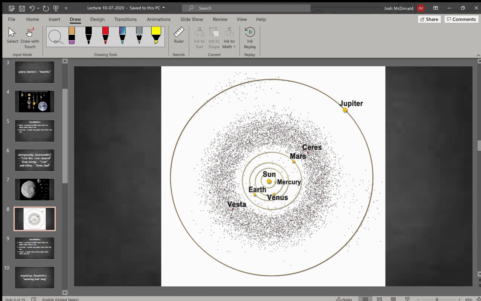And these are called Trojans, I believe. And they're considered part of the asteroid belt, but they're a little bit further out near the orbit of Jupiter. And now there are asteroids that are not within the belt, but where you're going to find most of them, and these are mostly made of heavier elements. They're very rocky. These are going to be within the asteroid belt.